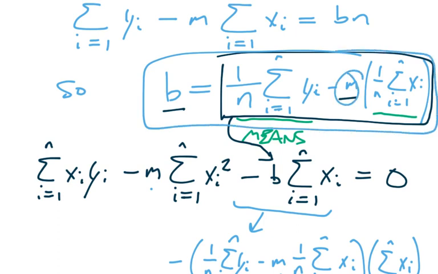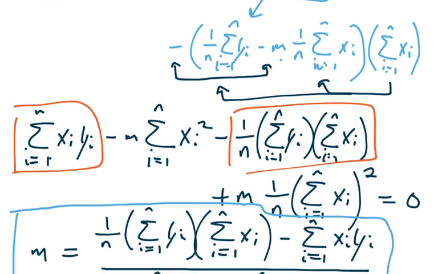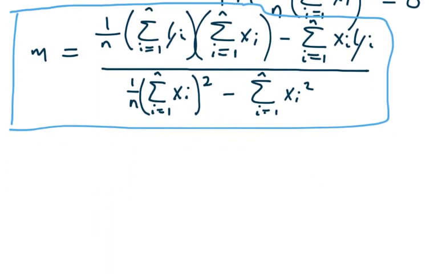And of course, you would have to plug that awful formula for m back into here to get a formula for b. All right, so there you have it. This would give you your line of best fit. At least best fit according to how we defined best fit in this context. Okay.